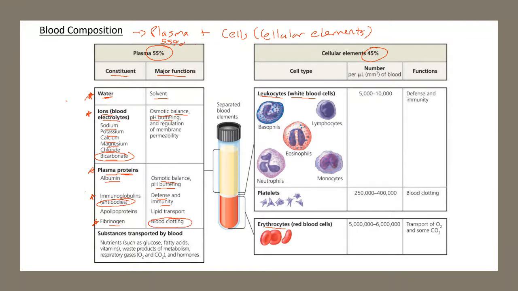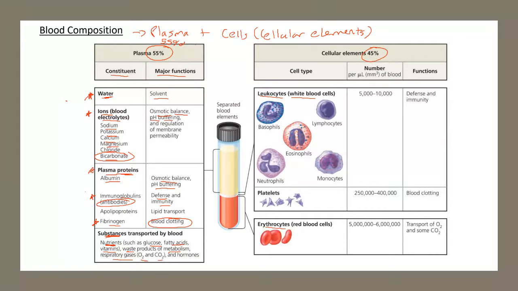Okay, is that it? No, there's other stuff in the blood. And remember, what's the main thing about blood? Nutrients, glucose, fatty acids, vitamins, all of this stuff is needed, right? So a lot of it is going to be traveling in the blood. What about waste? Yeah, exactly. For example, products of metabolism, and also respiratory gases, oxygen and carbon dioxide.